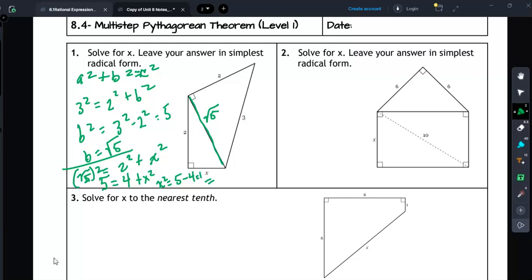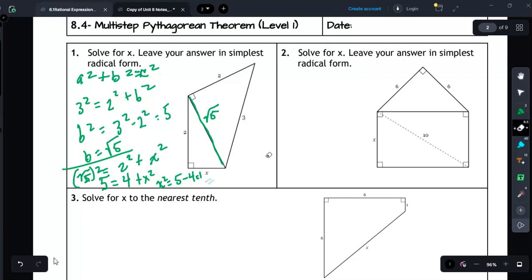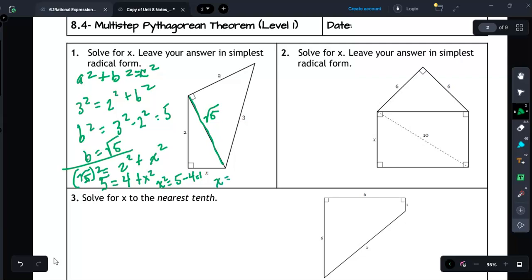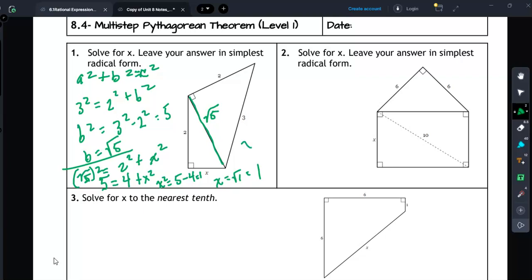So X is going to equal, I'm going to erase this, the square root of 1, which is 1, right? So you do have a plus or minus there when you take a square root, but because we're dealing with actual numbers that have to be positive, we're going to only accept the 1, right? Okay, so X equals 1. Final answer. Does that kind of make sense?